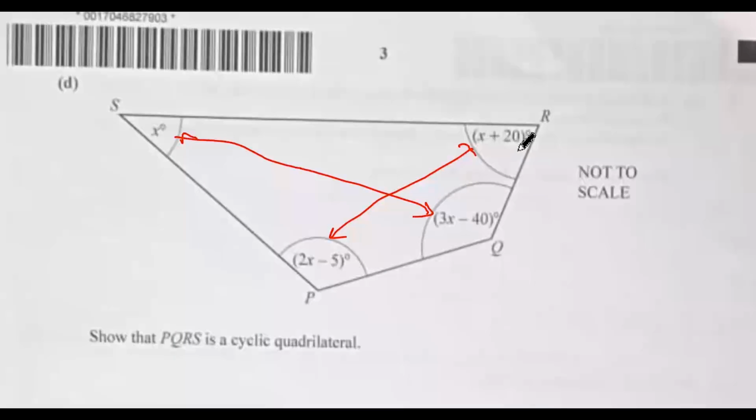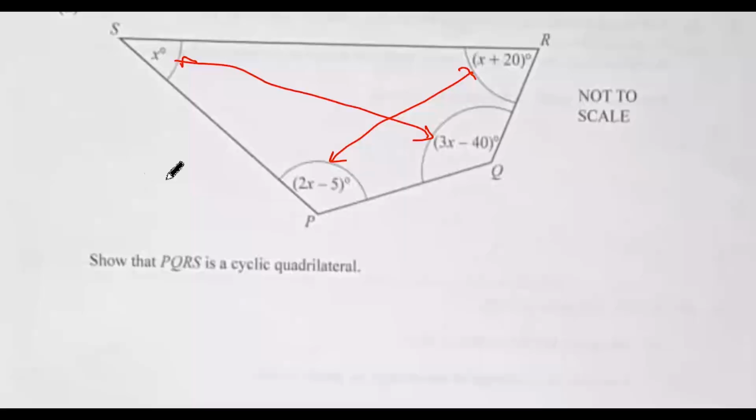We know that this is a quadrilateral, so the sum of angles here is 360 degrees. That is one approach. Or you can quickly find the value of x by adding two opposite interior angles together because they add up to 180 degrees. You can use either of the two approaches. For me, I will add these two together.